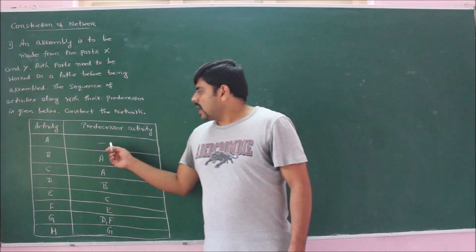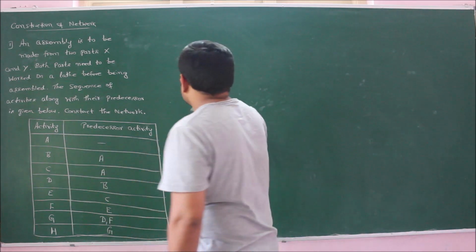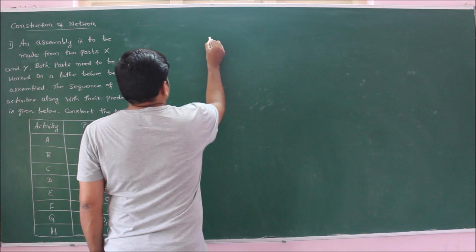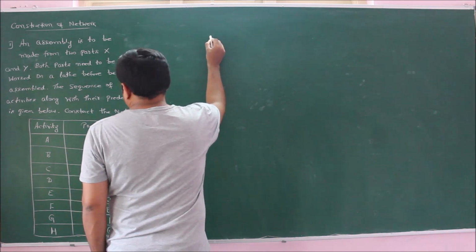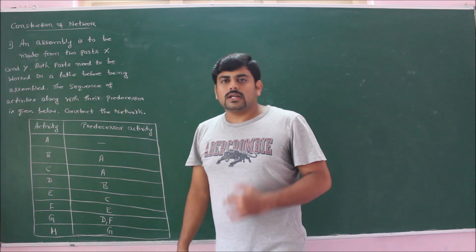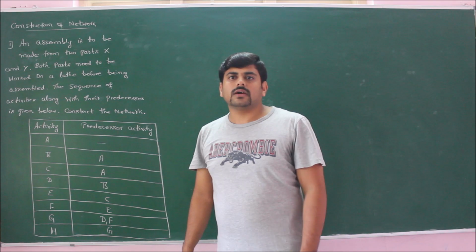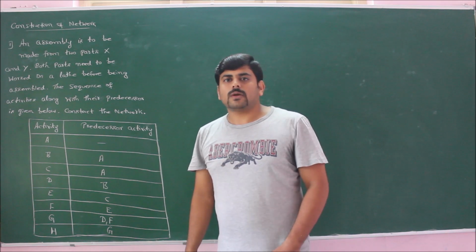So there is no activity coming in for activity A, therefore let us number it 1. In a single go, it is very difficult to construct the network. Therefore, let us use a number of trials and approach the final network required for the given problem.